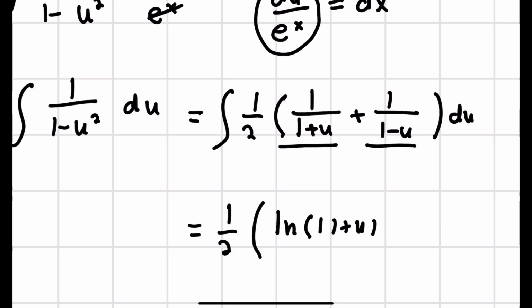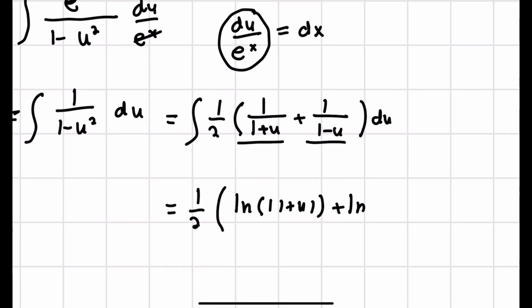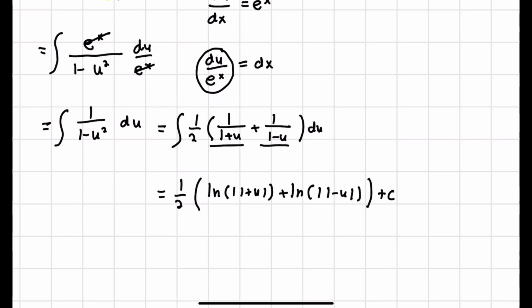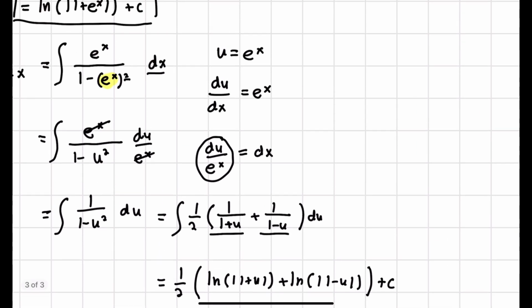plus ln, so now let's do the second part. So ln absolute value 1 minus u and plus a c constant. And now finally we just substitute u for e to the x up here.